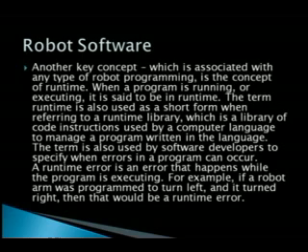The term is also used by software developers to specify when errors in a program can occur. A runtime error is an error that happens while the program is executing. For example, if a robot arm was programmed to turn left and it turned right, that would be a runtime error.